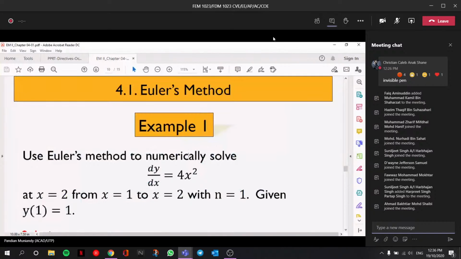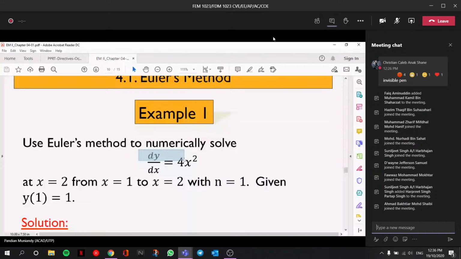Okay, now this is an example. Use the Euler method numerically to solve this problem: dy/dx equals 4x squared at x equals 2, from x1 to x2 with n equals 1. Given y1, x1. So you have a straight line. You put x1 here.